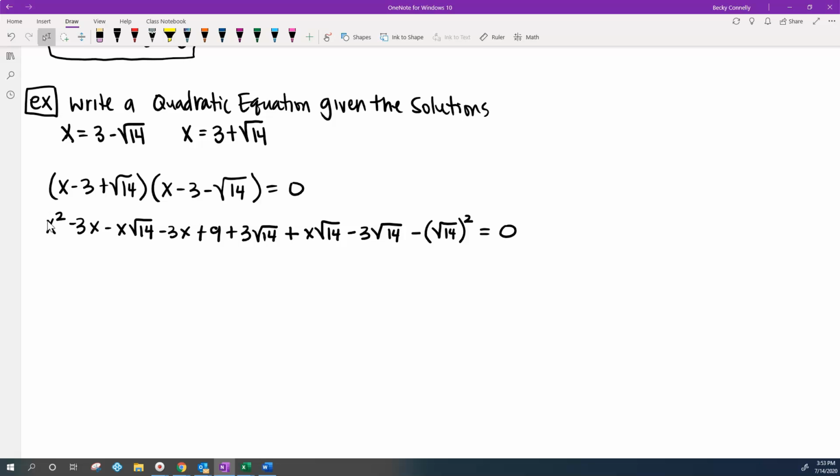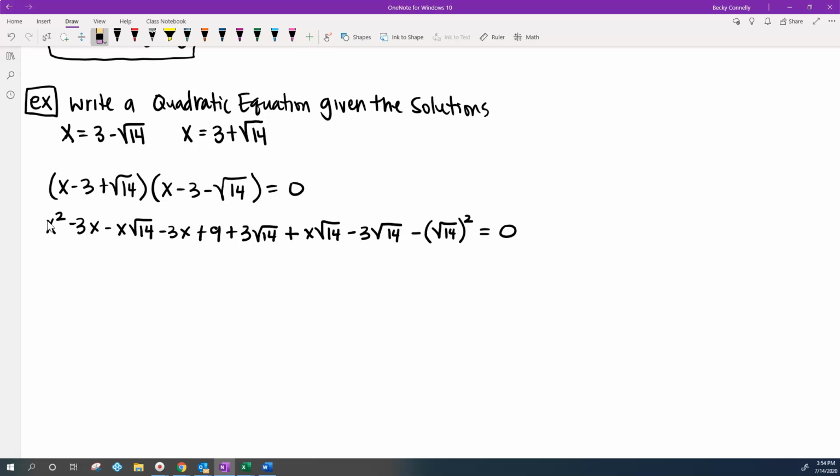Okay, so this is what I came up with, but notice on this last term, I want to make sure it's clear, you're not squaring the negative square root of 14. That whole thing isn't all squared, it's just the square root of 14. So you're still going to have minus whatever that number is. Be really careful with that. Make sure you're noticing the difference. You're just taking the square root of 14 and squaring that.